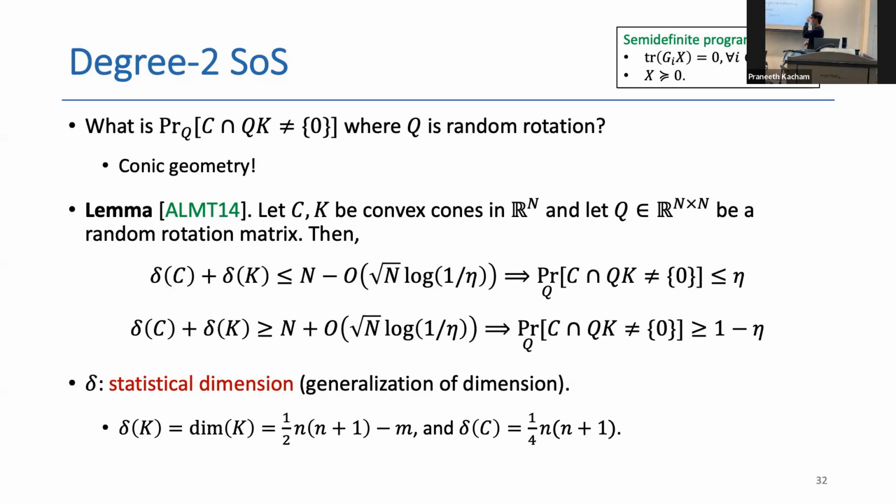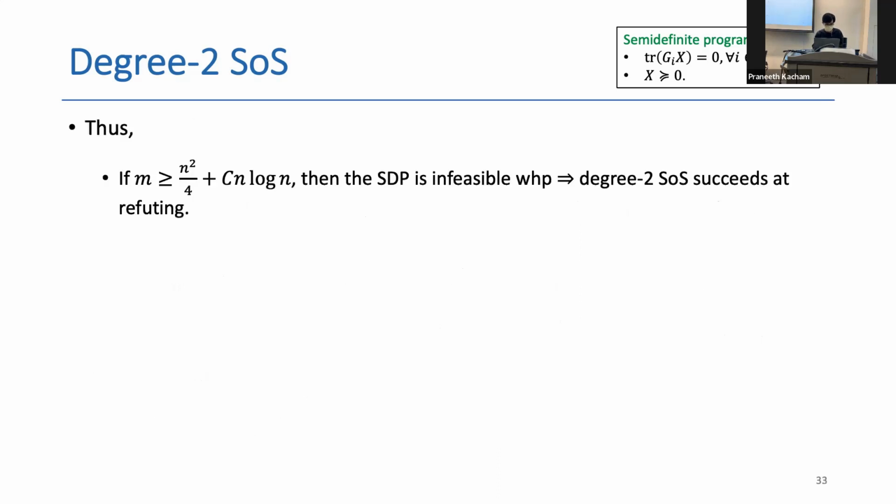I'm not going to define this, but for K, which is a linear subspace, it's just its dimension. And for the convex cone, delta C is one quarter times n plus 1. We plug that in, and we see that when m is larger than n squared over 4, the SDP is infeasible with high probability.